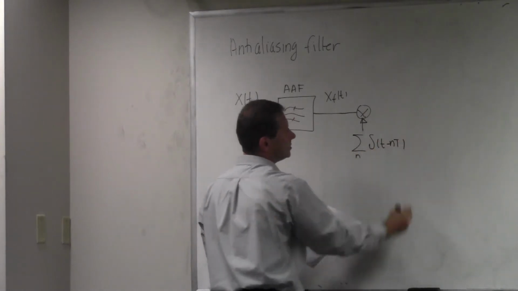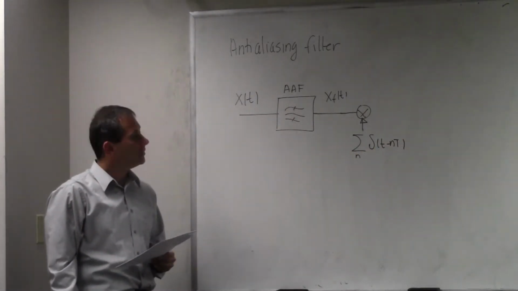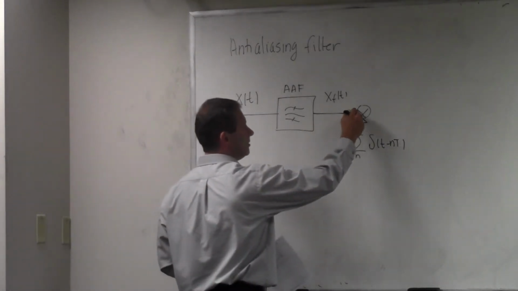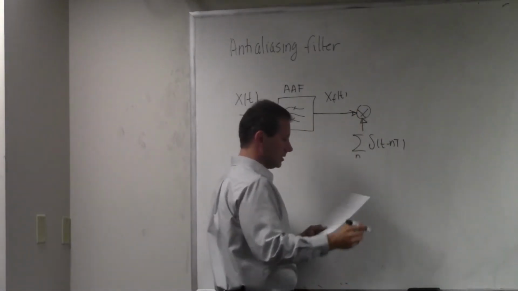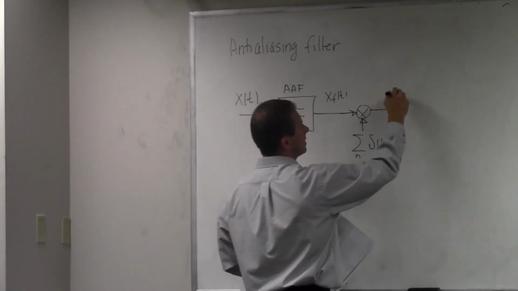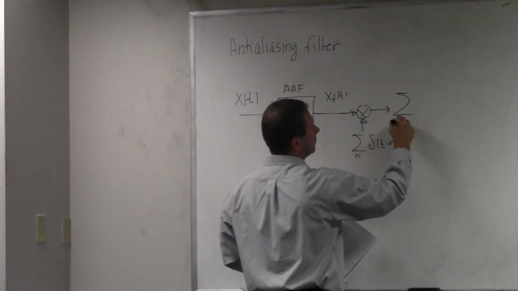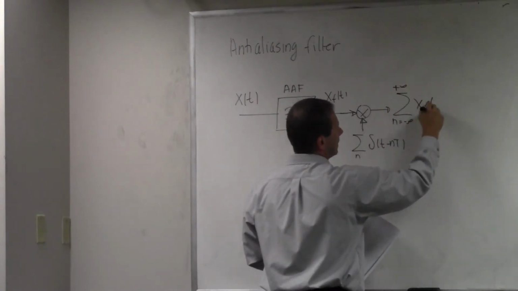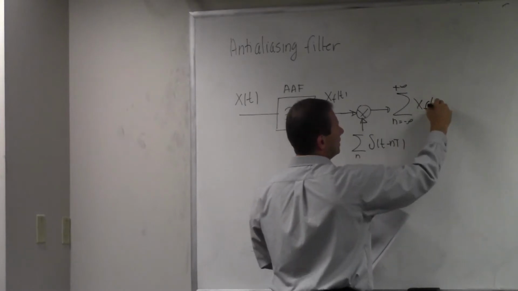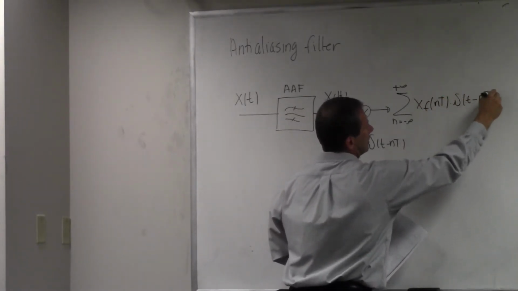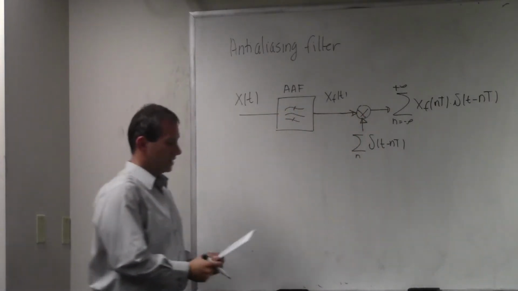In this case, I'm using delta pulses, but we've seen in our previous considerations that this can be any periodic sequence that we can use for sampling. So this is the sum over n from minus infinity to plus infinity of x filtered of nT times delta of t minus nT. This is our sampled signal here.